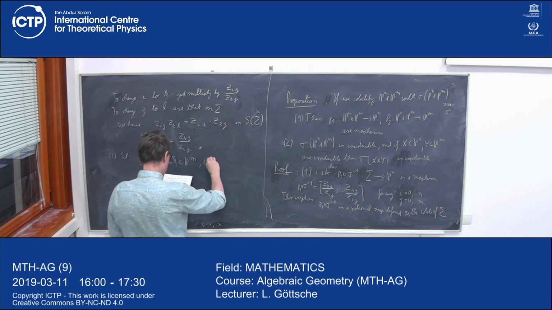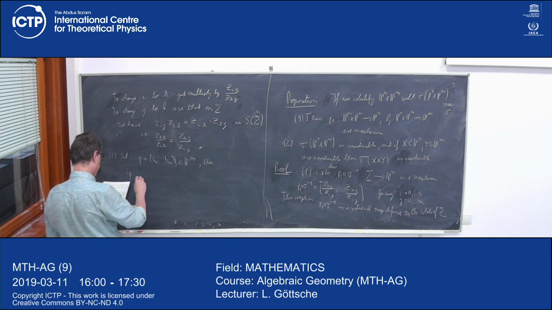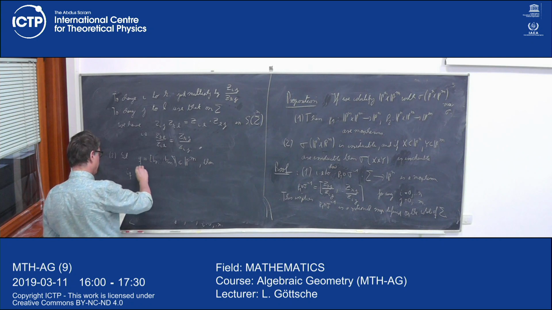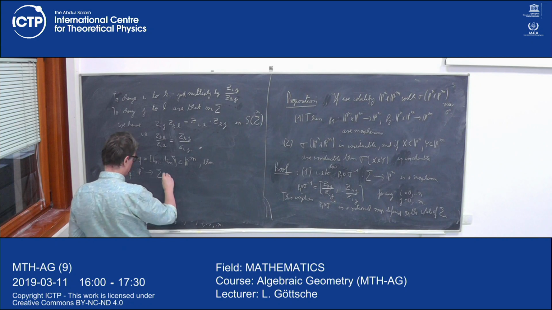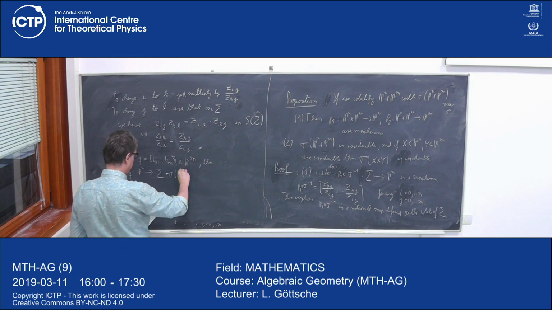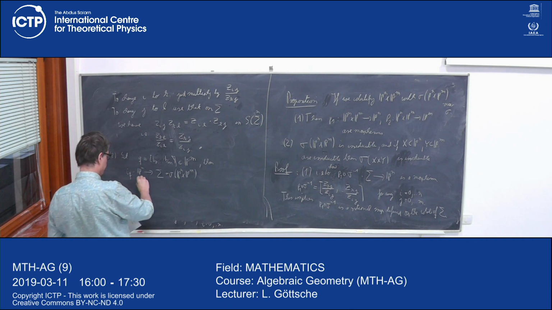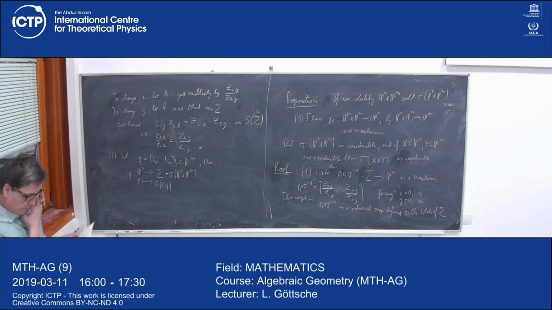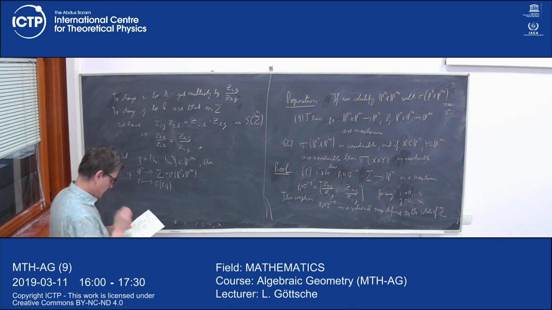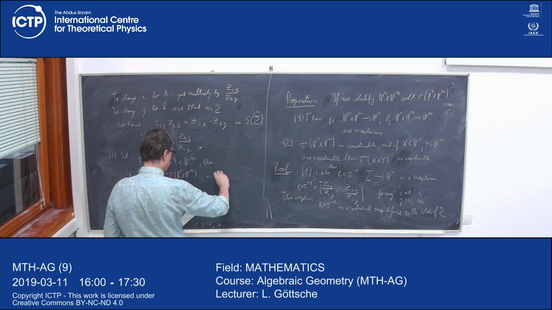Then the map iq from Pn to sigma, which is sigma of n times Pm, which sends a point p to sigma of pq, is a polynomial map.